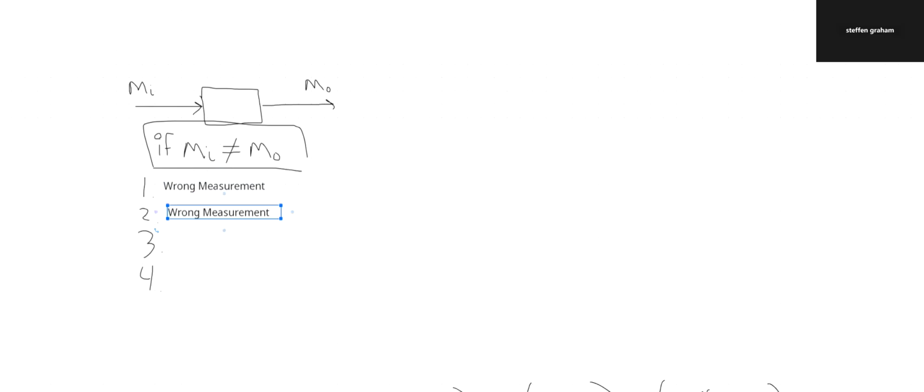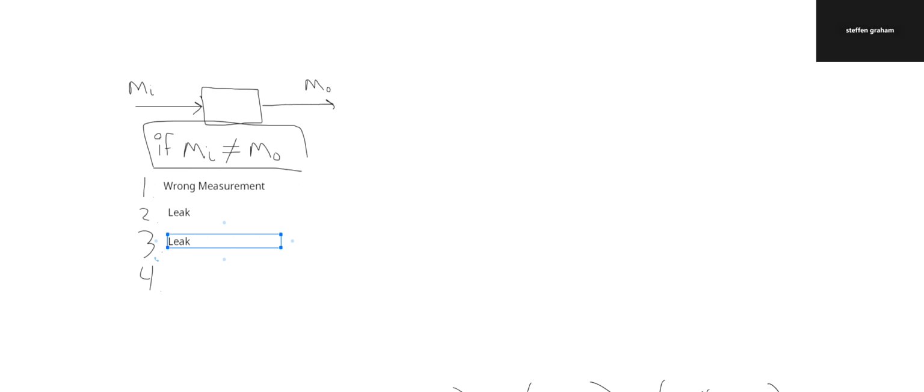It's broken, or in between measurements. Who knows? But you have a bad measurement. That's one possibility. There could be a leak in the box or the system. So maybe there's a hole in the box, and when you went to dump the sand back out onto your scale, some of it stayed on the floor. So those are two possibilities.